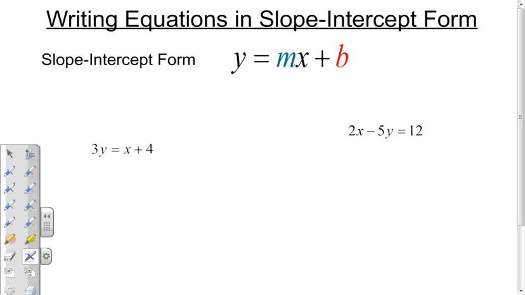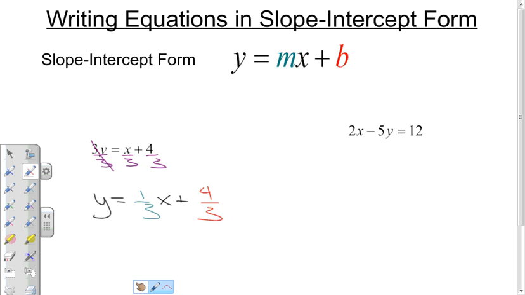Well, if we notice here, like we said, the coefficient of y is 3. And I can undo that with the inverse operation by dividing both sides of the equation by 3. And that would create y equals, and we see that it's 1x getting divided by 3, so it would be 1/3 x plus, and then 4 divided by 3 could be left as an improper fraction for an exact answer.